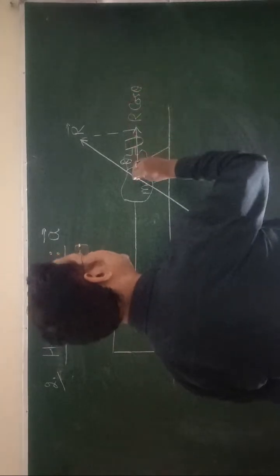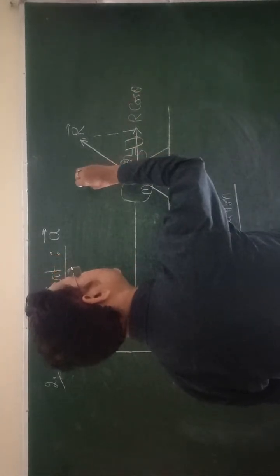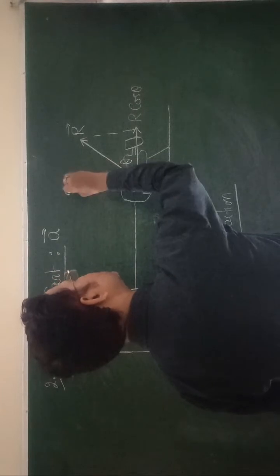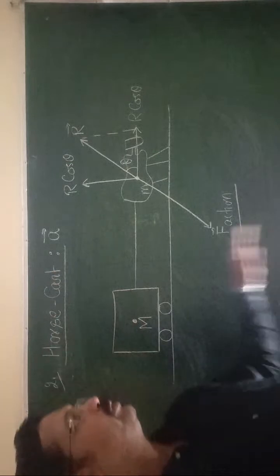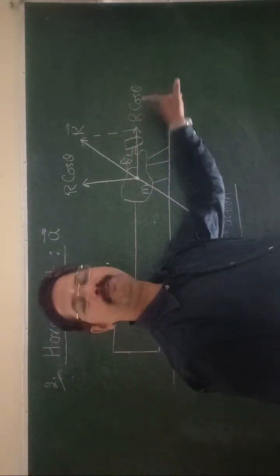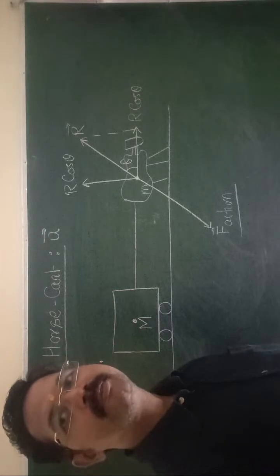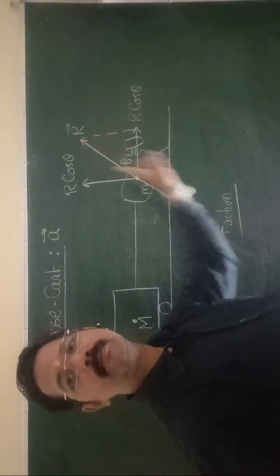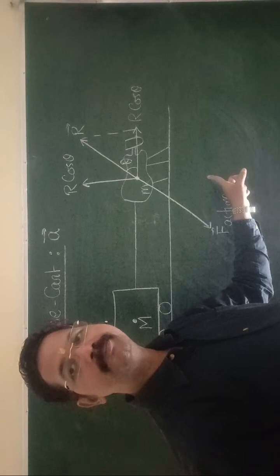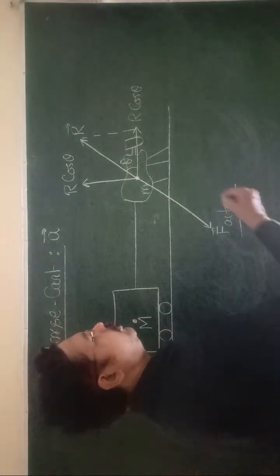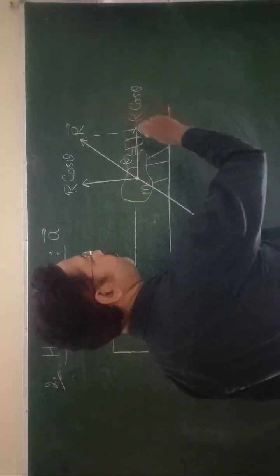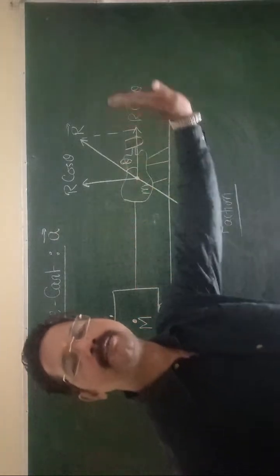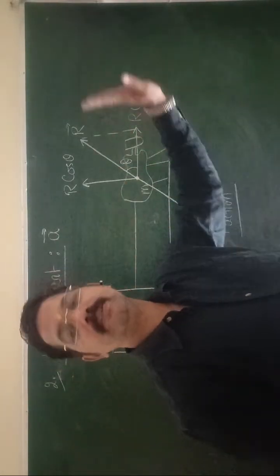In the x-axis, in the y-axis, there is R sin theta. So motion is by the horizontal force R cos theta, after the reaction force acting by the ground, by the road, you can say. And acceleration is due to applied force. If I apply force on the car, it moves in the forward direction.